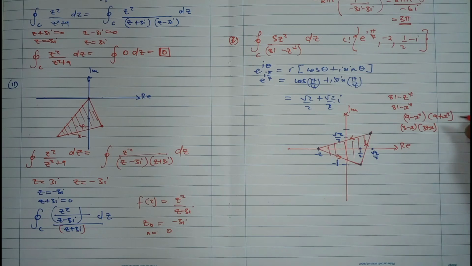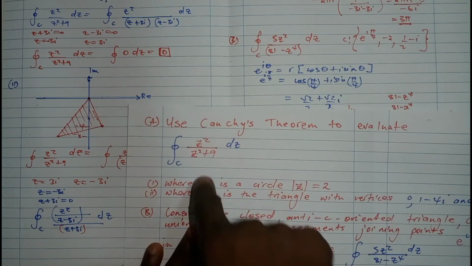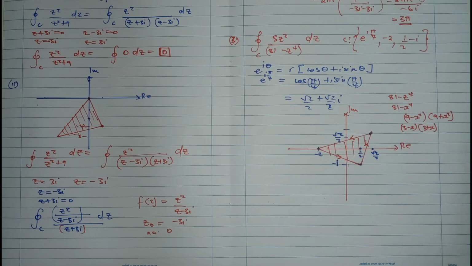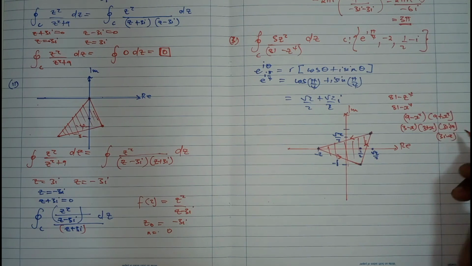Okay, so what about here? Remember my first example. So this was my first example. We have z squared plus 9, and this is what we have right here. So we're going to get 3i plus z and 3i minus z. Okay, so this is set.